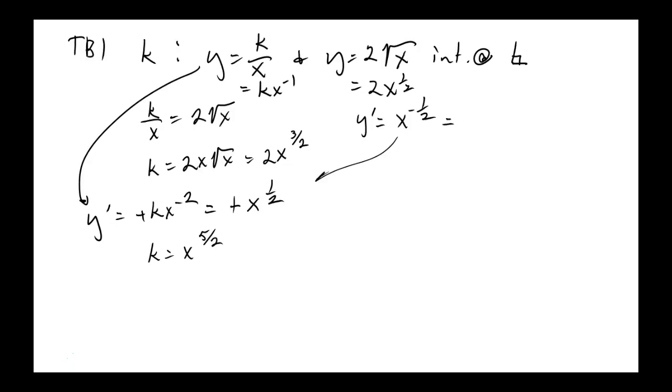But we also know from up here that k is equal to 2x to the 3/2. It seems like it's running in circles. Divide both sides by x to the 3/2, and you get x is equal to 2.